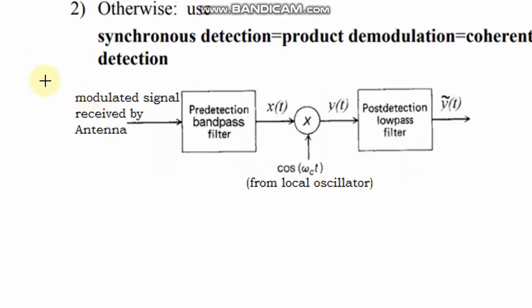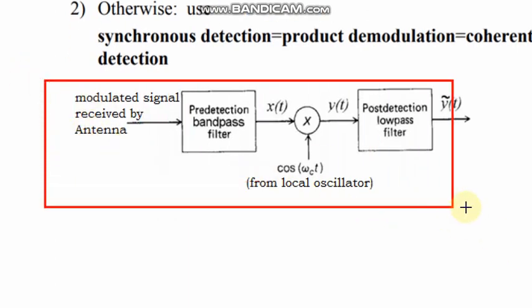For understanding that, let us view this picture. This is the diagram of a receiver where the modulated signal received by the antenna is first passed through the pre-detection bandpass filter.